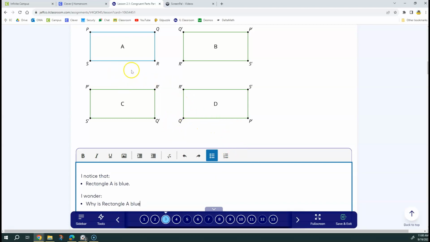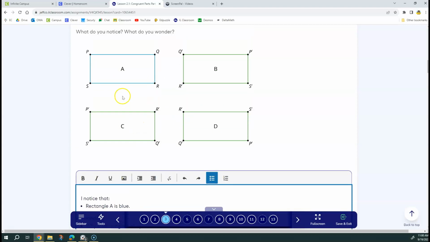I also noticed that this rectangle A seems to be the original, and maybe that's why it's blue, who knows? Because all of the other rectangles have those tick marks, the prime marks, to indicate that that's after a transformation has taken place. But even though they're all rectangles, the letters are all in different spots.